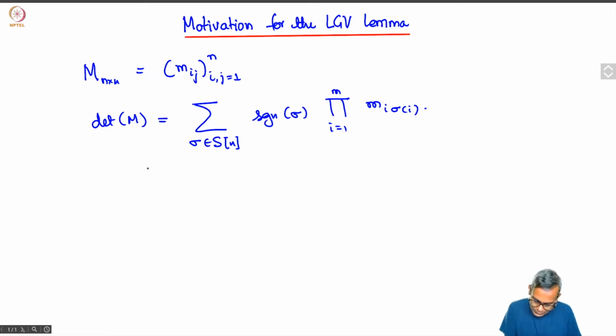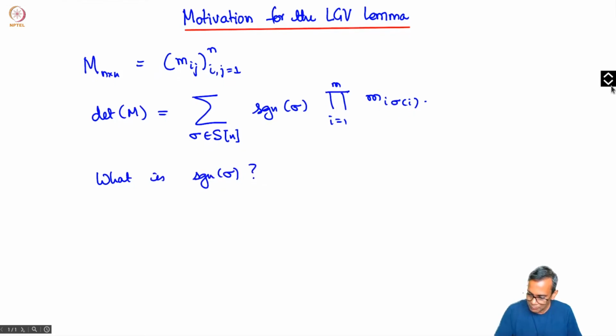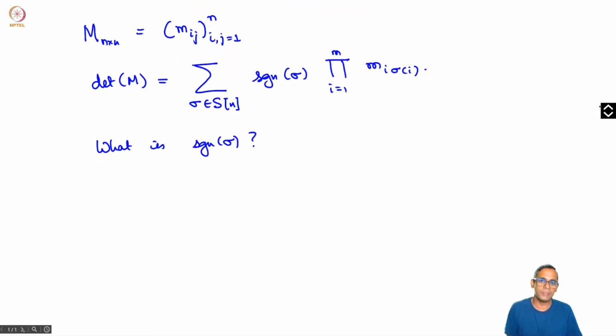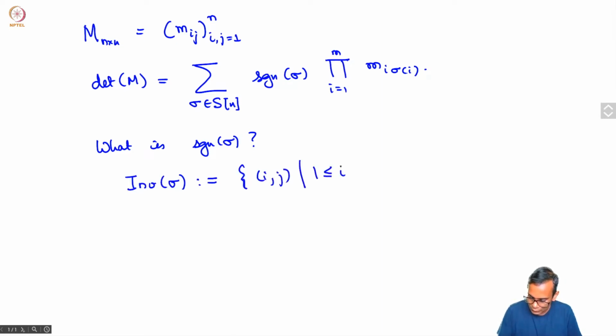And what is this sign? Well, let's just recall what this sign is. It's the parity of the number of inversions of sigma. You define the set of inversions of sigma to be the set of all pairs (i, j), where 1 is less than or equal to i, strictly less than j, less than or equal to n, but sigma(i) is greater than sigma(j).